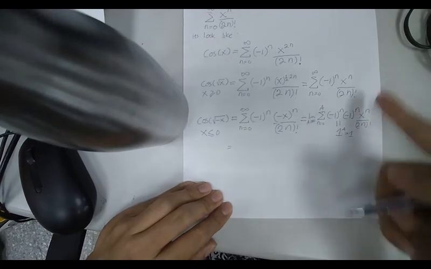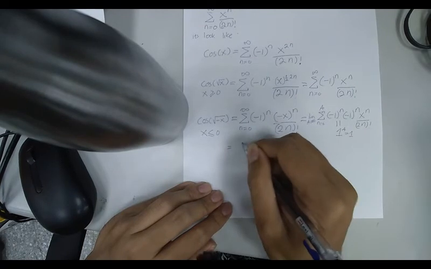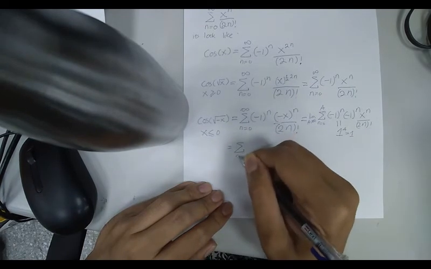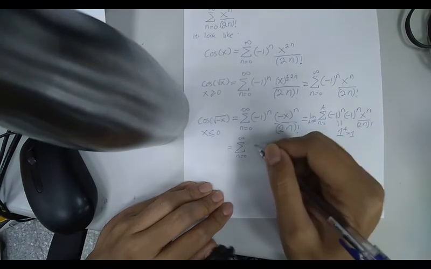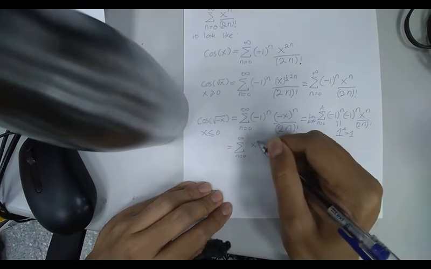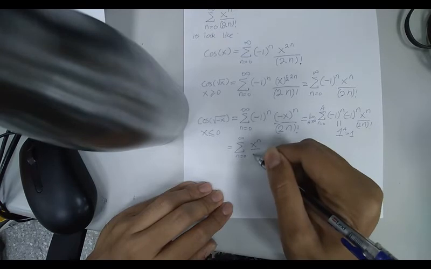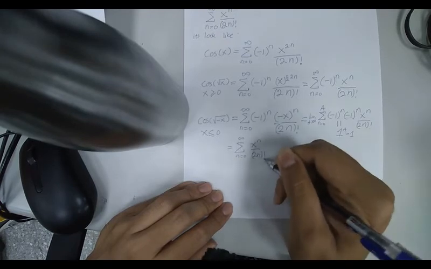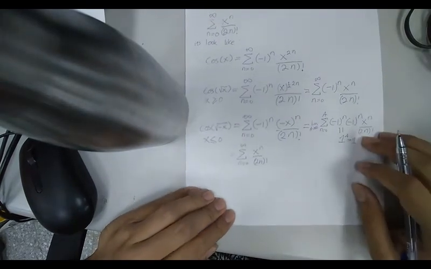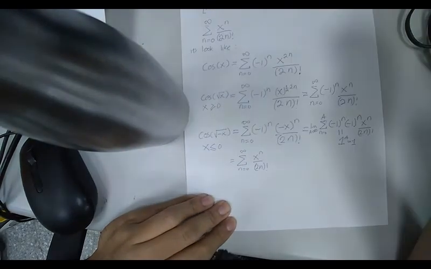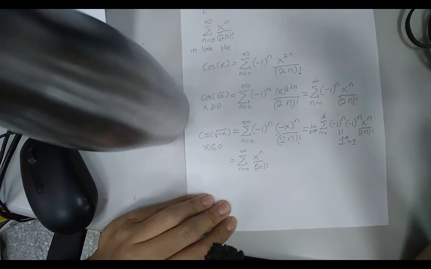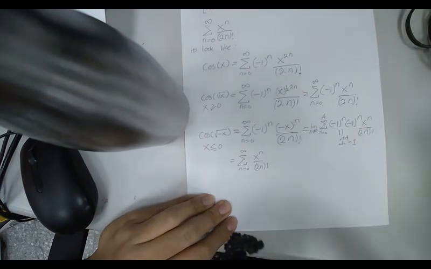Okay, so this one becomes 1, so it becomes the summation from 0 to infinity of 1 times x to the power n over 2n factorial, which is exactly the same as our initial problem, although it feels a little bit illegal, but it is fine.